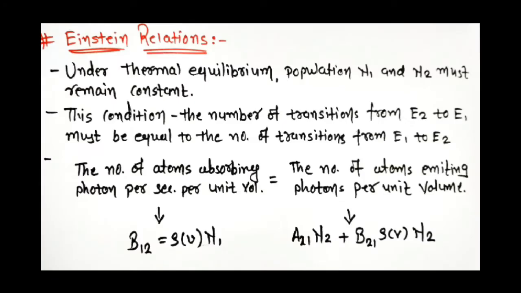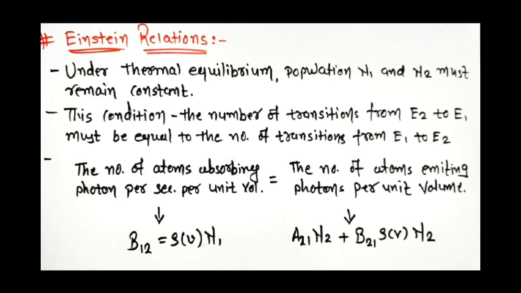Now we discuss thermal equilibrium. Under thermal equilibrium, the mean populations N1 and N2 in the lower and upper energy levels respectively must remain constant. This condition requires that the number of transitions from E2 to E1 must be equal to the number of transitions from E1 to E2.